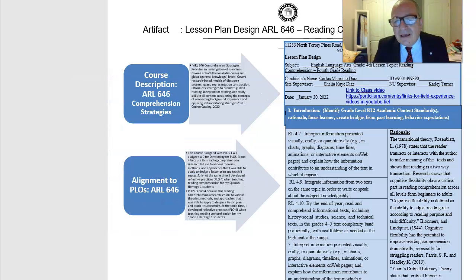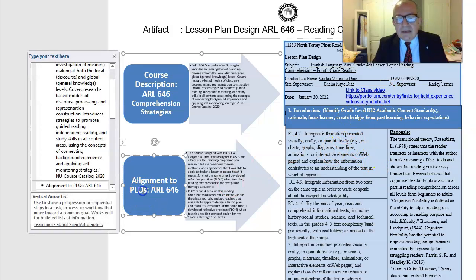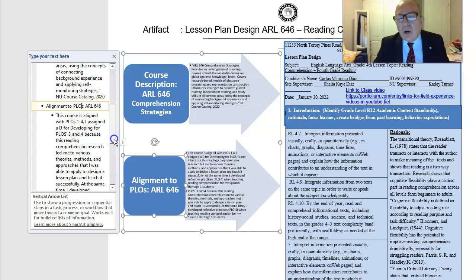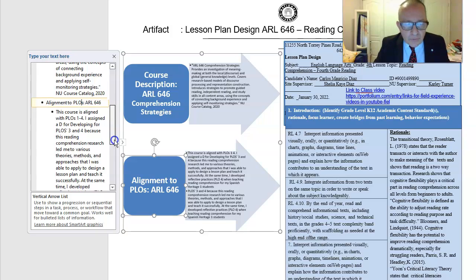Next, we have the lesson plan design for my class, the 646 reading comprehension. The same, you can see the screenshot of my lesson plan and the link for my lesson. This class, the same, is aligned with the PLOs 1 and 2 and 3 and 4.